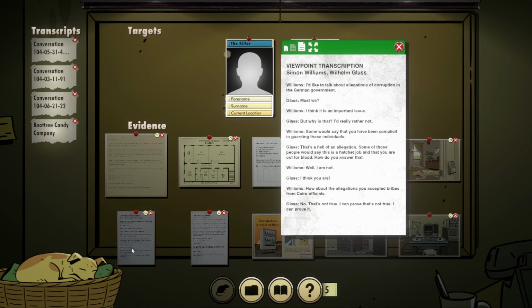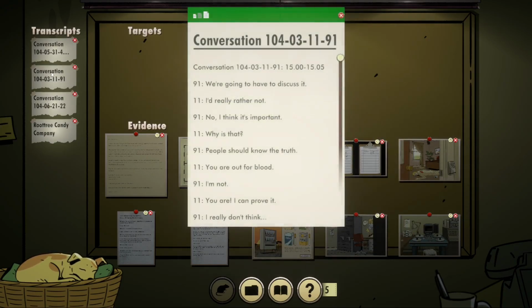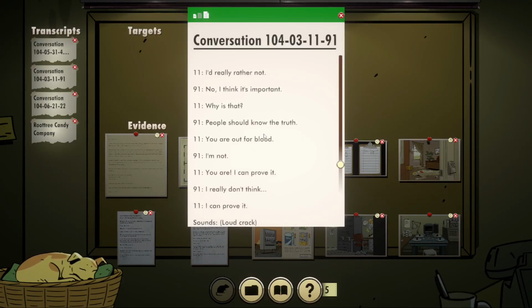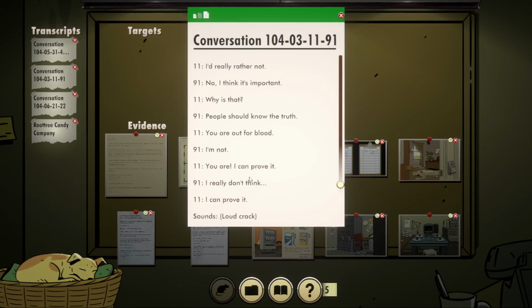Simon Williams. I can prove it, I can prove it. So I think Rainier is 91. We know Wolfgang is 31.